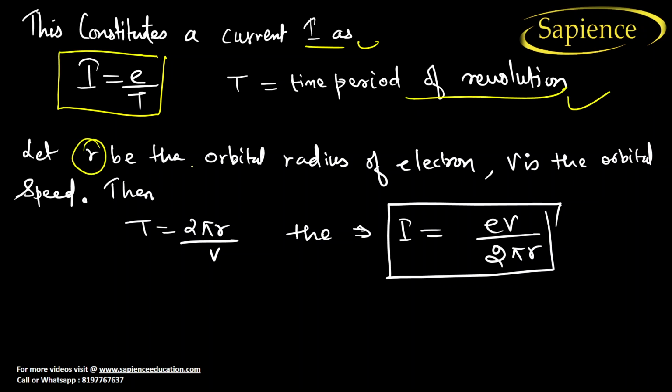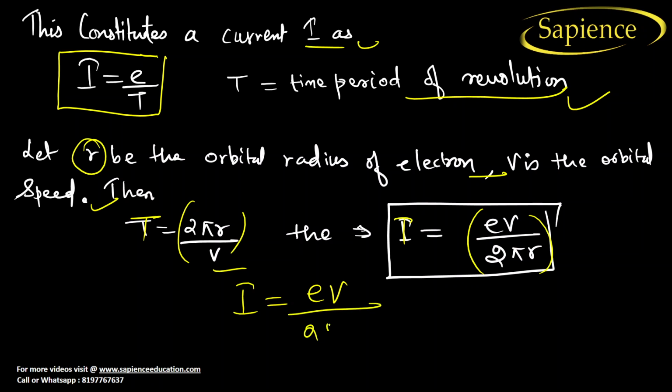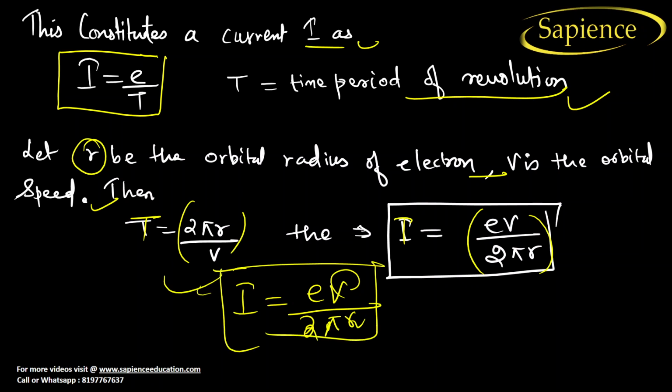Let r be the orbital radius of the electron and v the orbital speed. Then the time period is equal to 2 pi r by velocity. So current can be written as e v by 2 pi r. If you have a radius and a velocity, you can easily find the current.